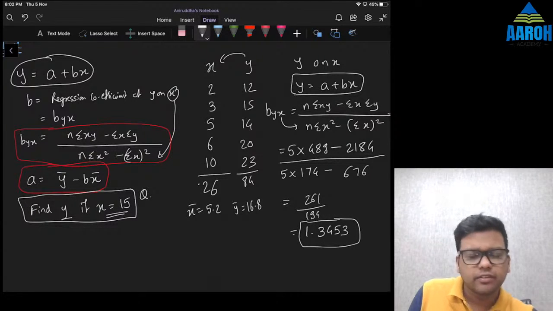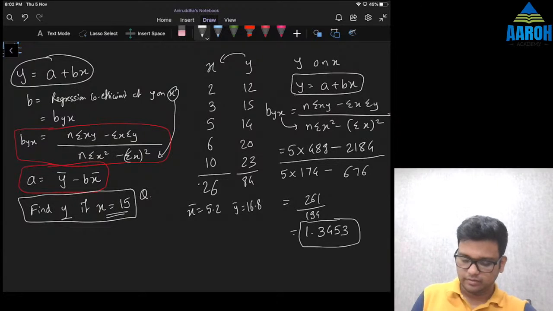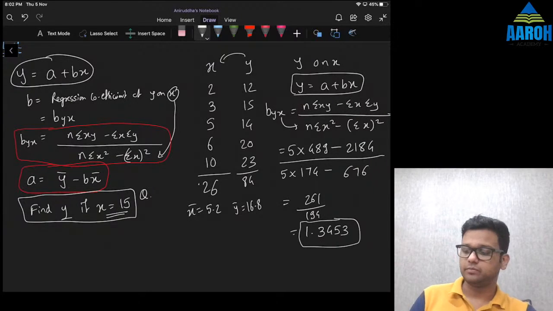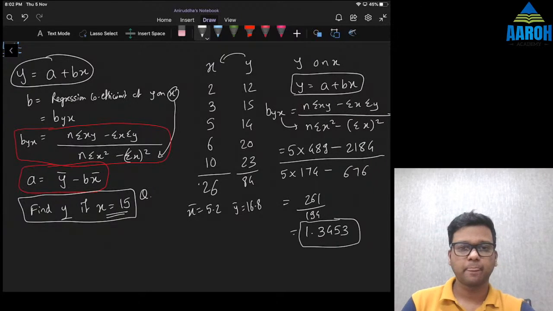Correct, y bar, summation y, that is correct. Check if everyone is getting byx. 1.3453. Correct, good, Vishwajit.